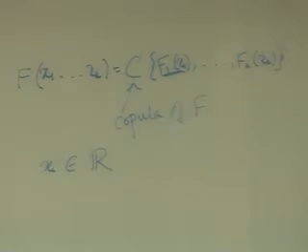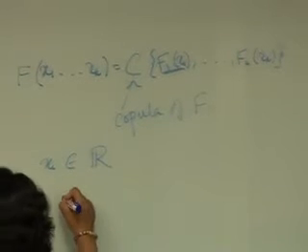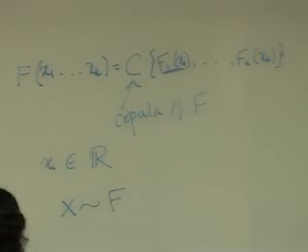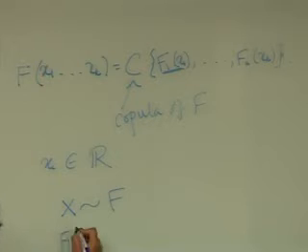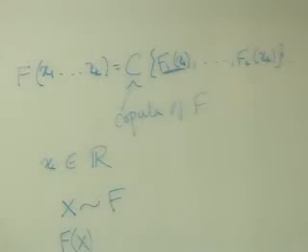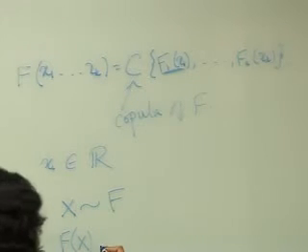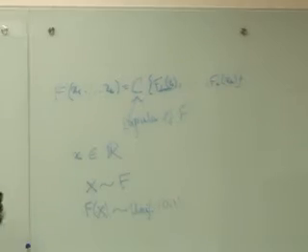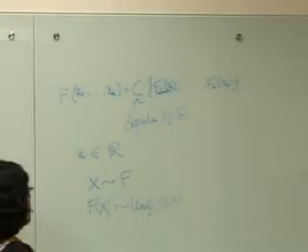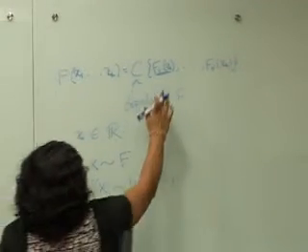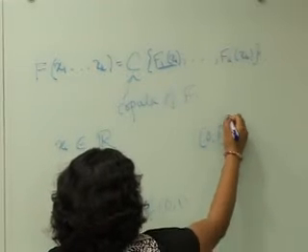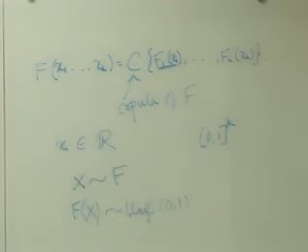We have done this as an exercise: if you have a random variable x that follows a distribution f, and if you look at f of x, then that follows a uniform distribution. Remember? Uniform 0, 1. Remember that result? Yeah. So what that means is that these are just in the 0, 1 to the power k. So it's in a small space.